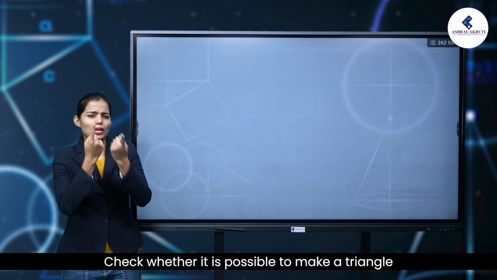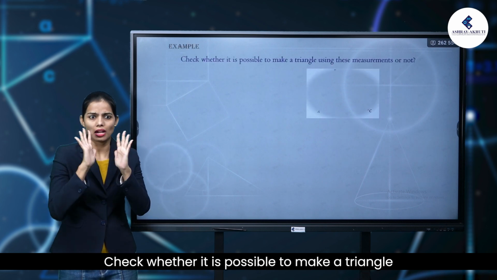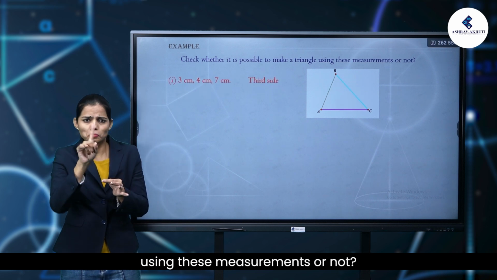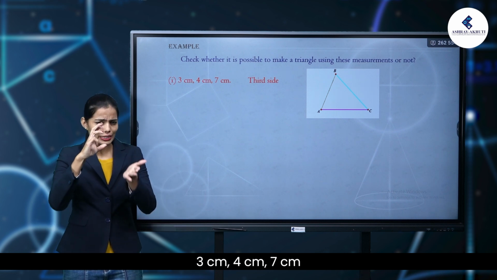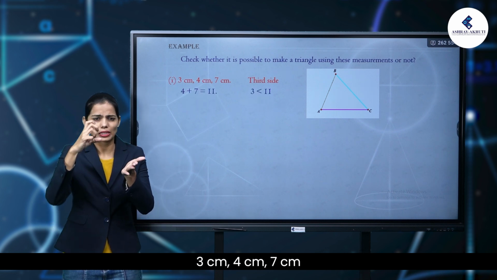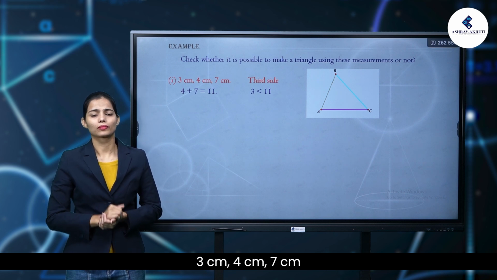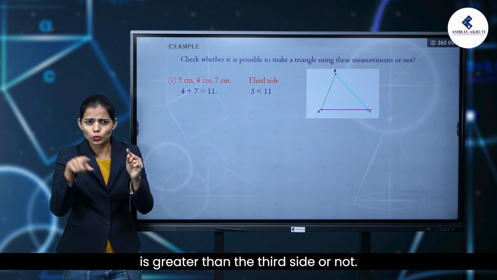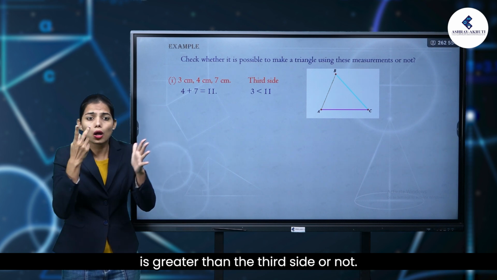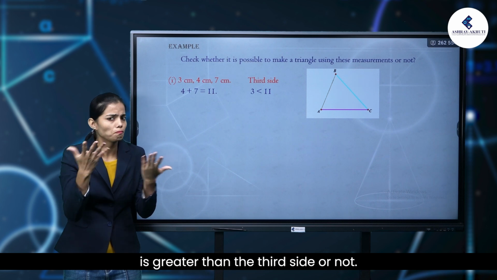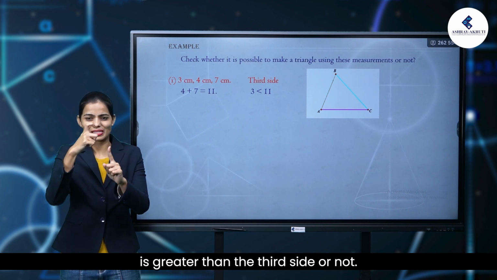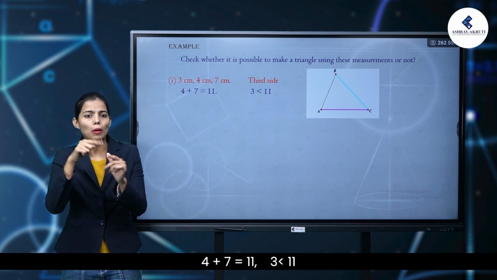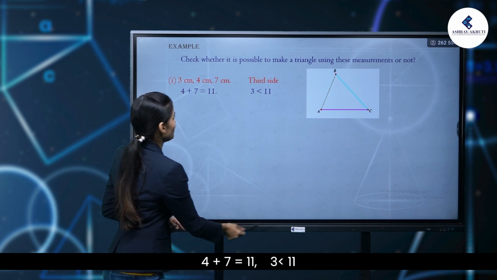Example. Check whether it is possible to make a triangle using these measurements or not. 3 cm, 4 cm, 7 cm. We have to check whether the sum of two sides is greater than the third side or not. Four plus 7 is equal to 11. 3 less than 11.